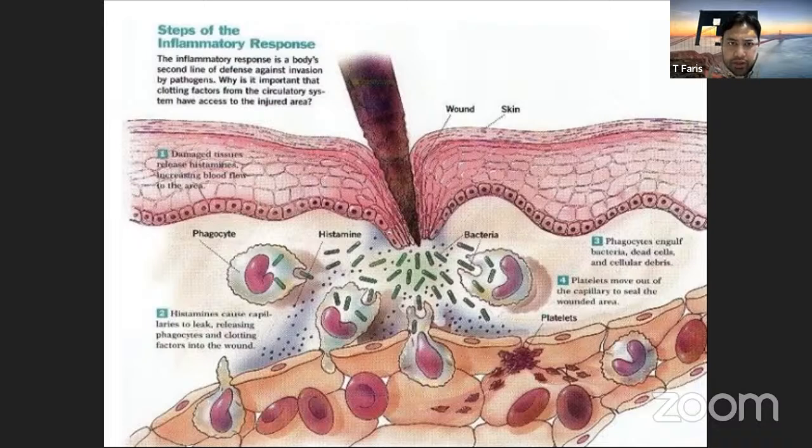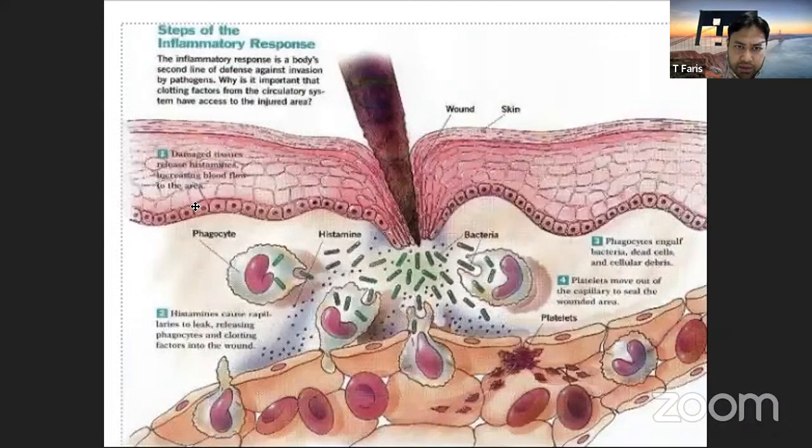I'm not sure if you can see here, but number one, the damaged tissue releases histamines, increasing blood flow to the area. That's the first stage.